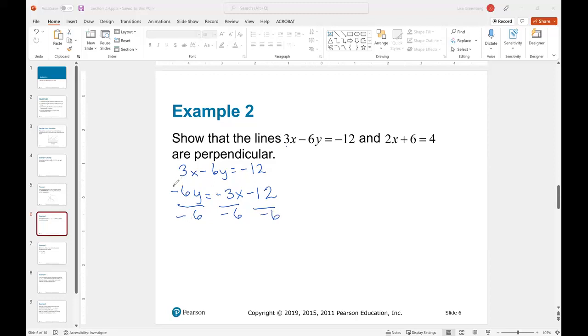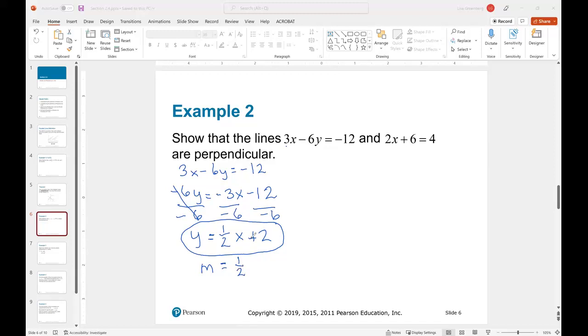And these cancel, so I get y is equal to, and then negative 3 over negative 6 is positive 1/2 x. And then negative 12 divided by negative 6 is plus 2. So there's one equation. And I know the slope for this one is equal to 1/2.